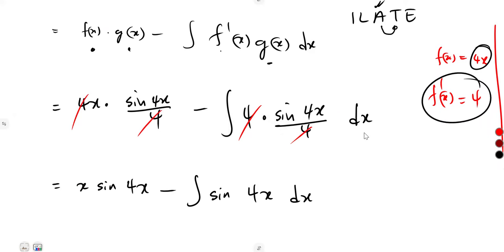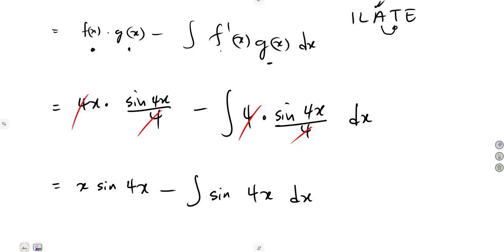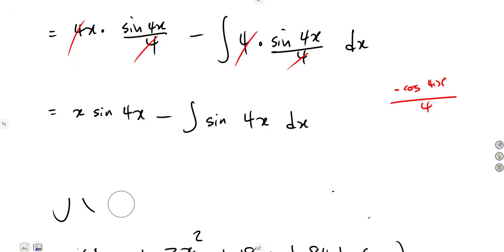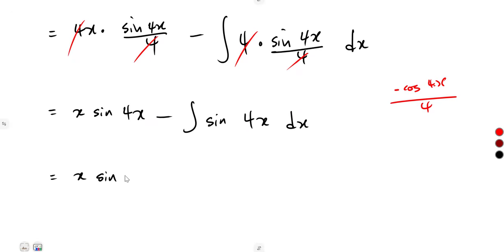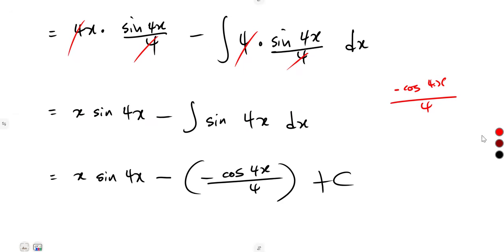Integrating a sine, we have already talked about this from our previous integrals. It gives us a negative cos 4x over 4. So this is going to be negative to a negative. On our simplification, it's x sine 4x minus, minus cos 4x over 4, plus the constant of integration.